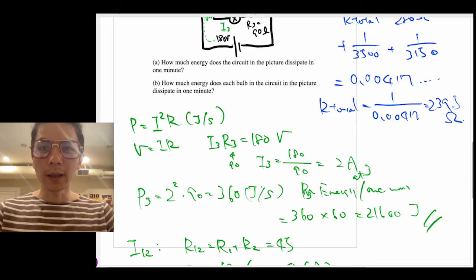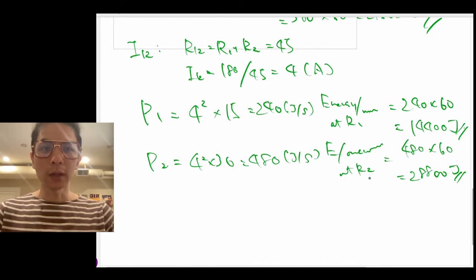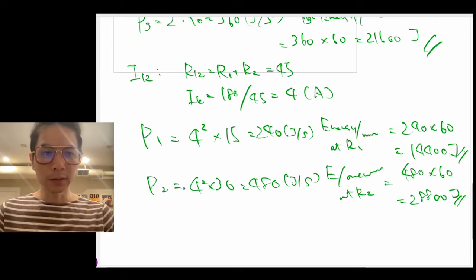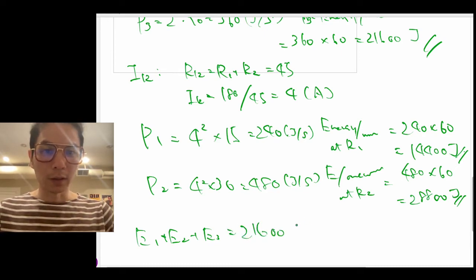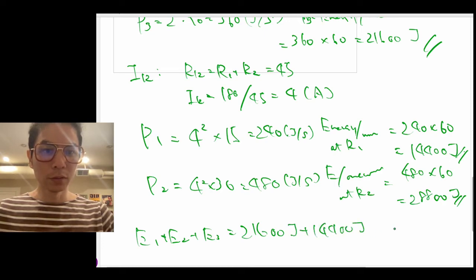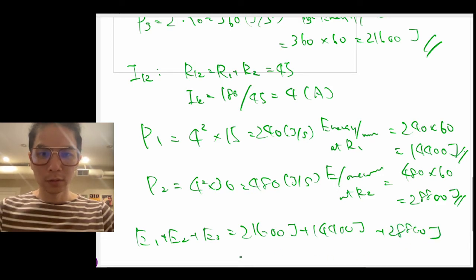And A is basically how much energy the circuit in the picture dissipates. So the total energy dissipated here is just the sum of the energy at 1, plus the energy at 2, and the energy at 3, which equals 21600 joule plus 14400 joule plus 28800 joule.